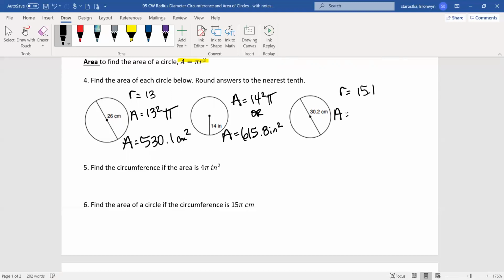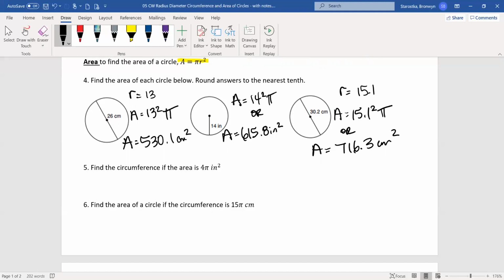Our area is 15.1 squared times pi, or plugging it into our calculator, our area is 716.3 centimeters squared. So that's super straightforward review of circumference and area, but of course you know I'm not super straightforward.